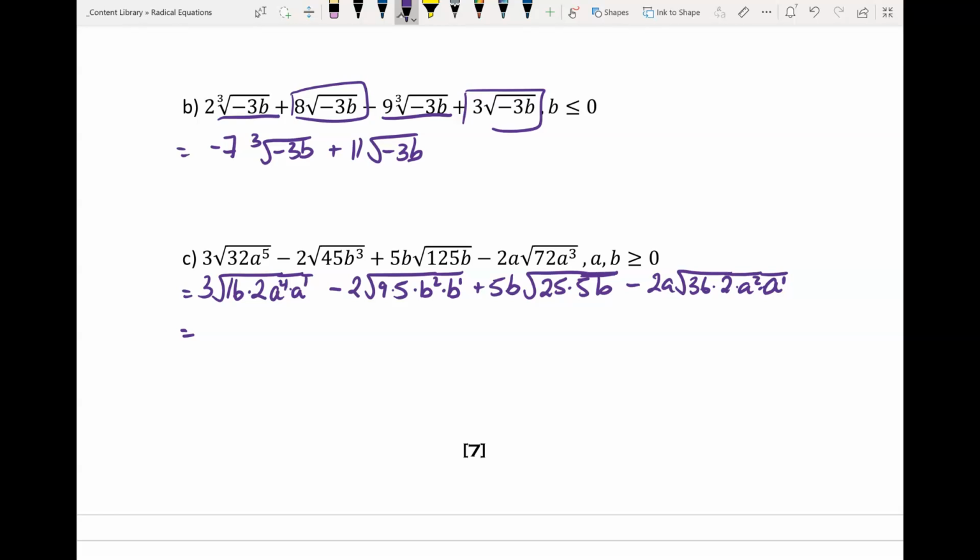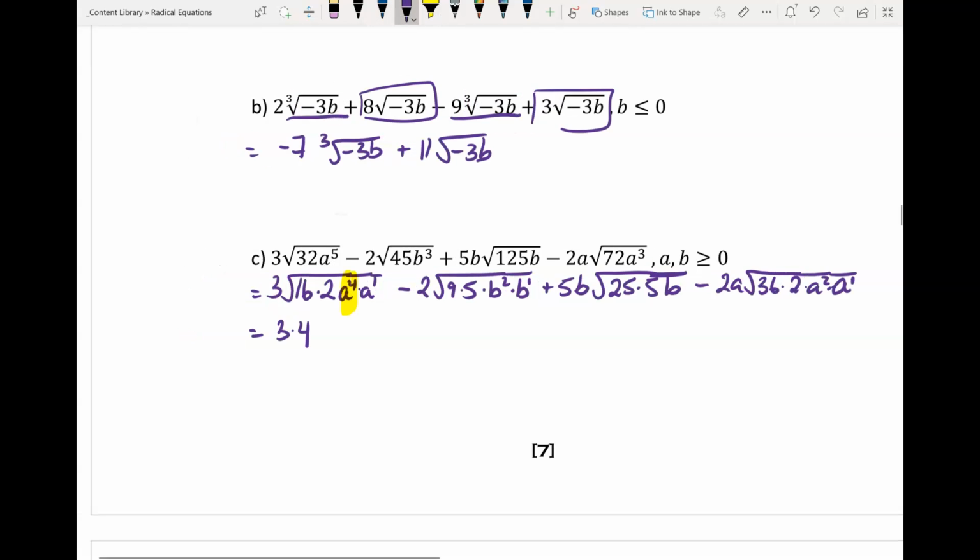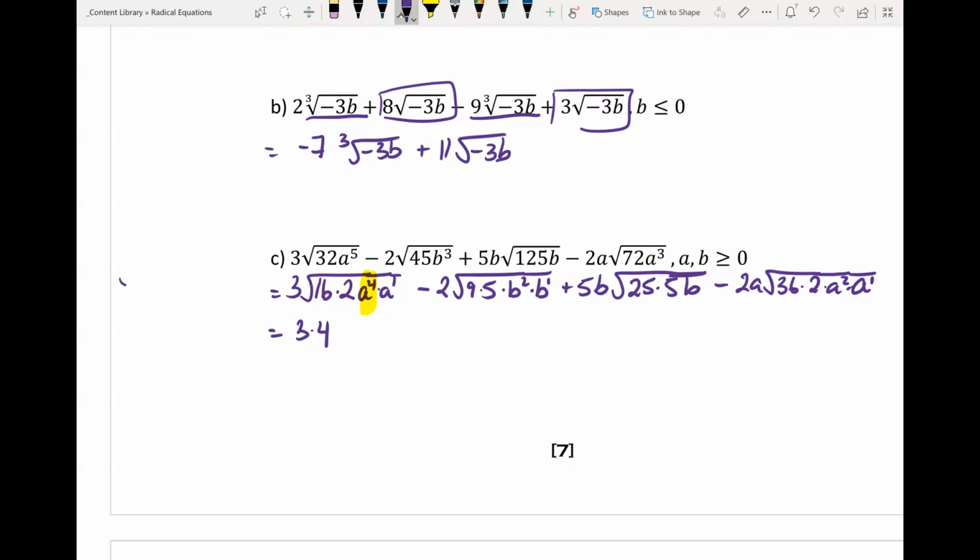So now we are going to go ahead and simplify this. So the square root of 16 is 4. And I can also take this a to the power of 4 out. So on the side here, this is what this looks like.